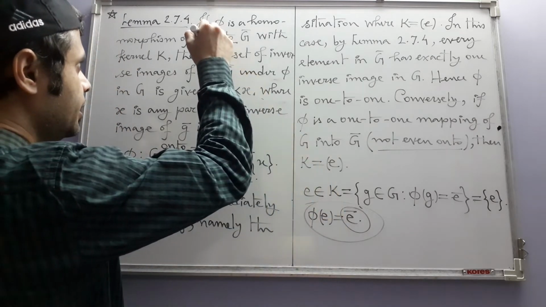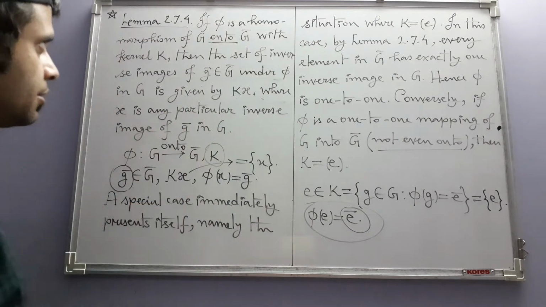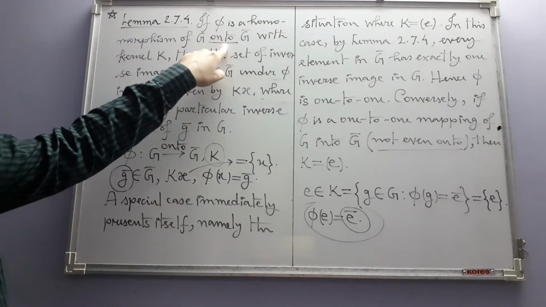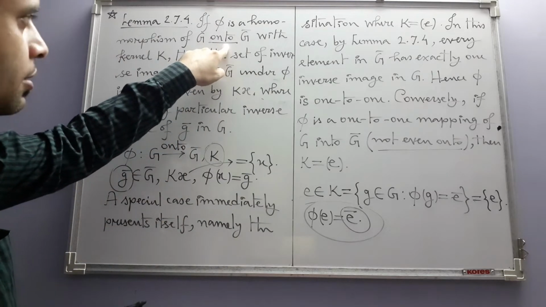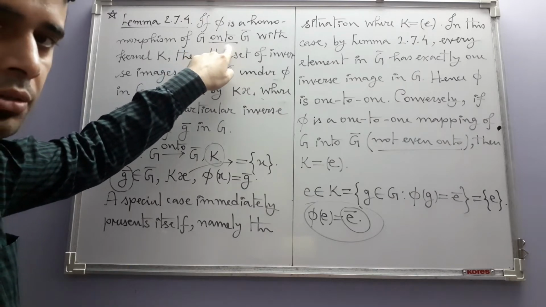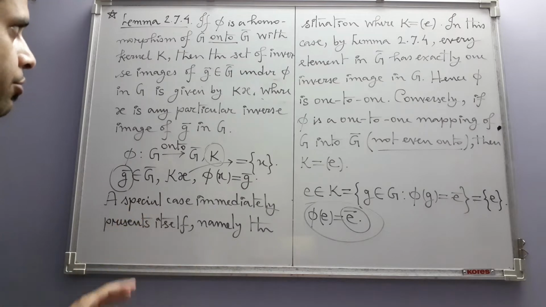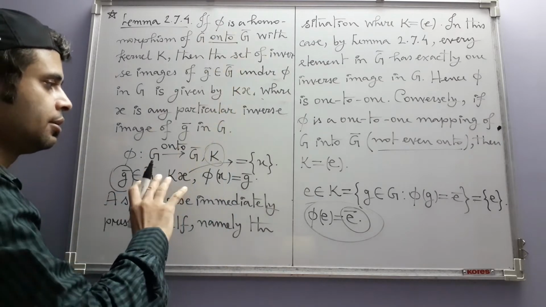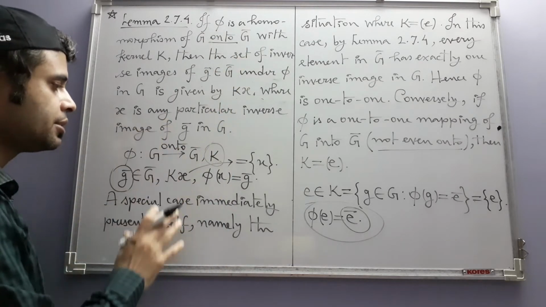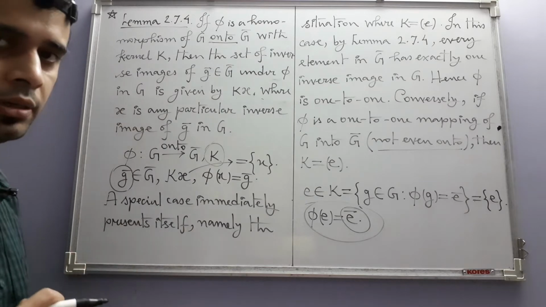Now here, however, in this lemma, the author has thrown in onto-ness as a hypothesis. Do we really need onto-ness here? If you look carefully, onto-ness is not a hypothesis that we absolutely need.